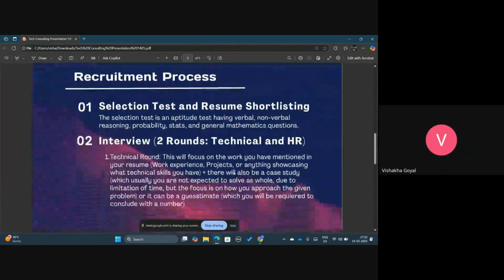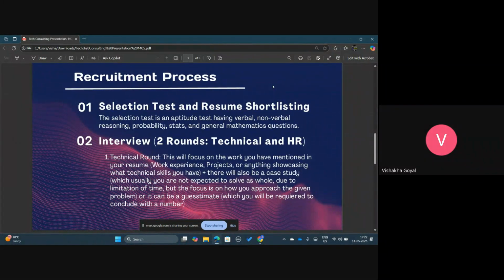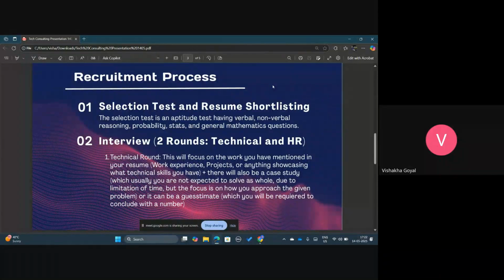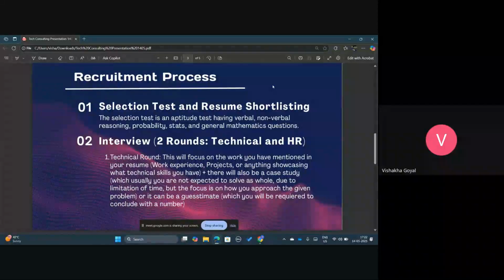So the recruitment process which I will be talking about is inclined towards how I had it at my end in Accenture. It basically had only two parts. One was the selection test and the other resume shortlisting. The selection test was just a short 90-minute aptitude test.